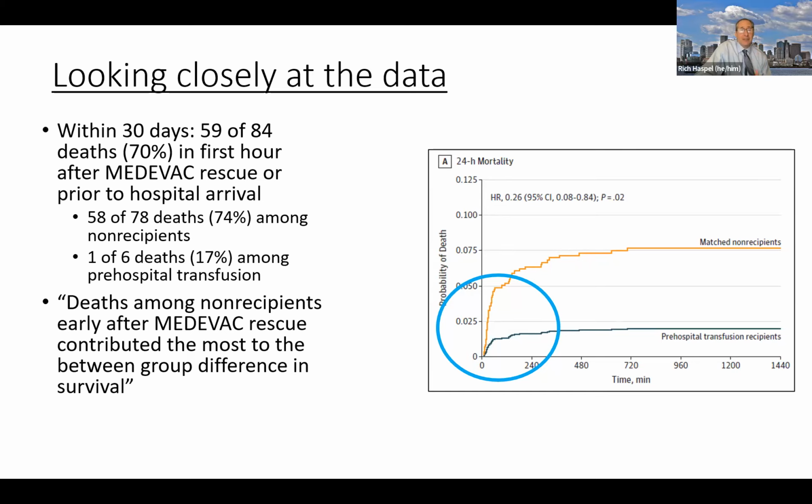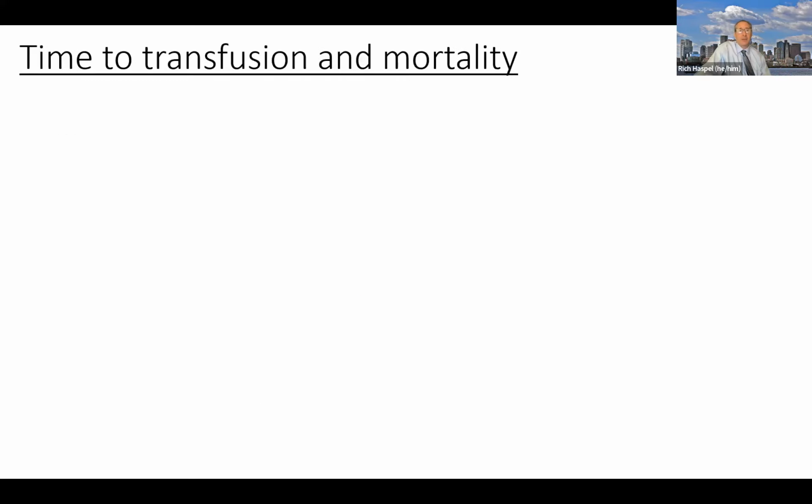And deaths among non-recipients early contribute the most to the between group survival. So the non-recipients were dying early. All right. So I will just say this relates to that futility bias, where the sickest people were just saying, I don't want to transfuse because it's unfortunately going to be a waste. Okay. Related to what I talked about earlier.